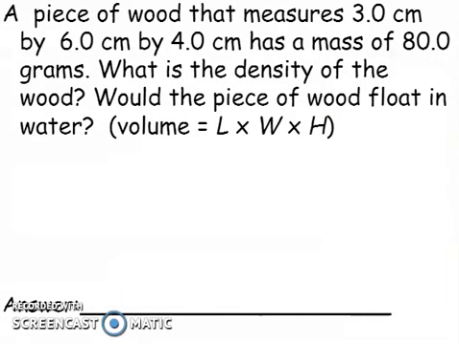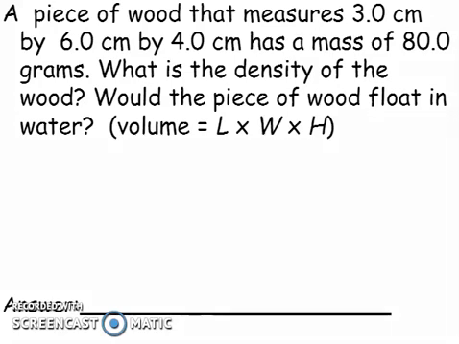A piece of wood that measures 3.0 centimeters by 6.0 centimeters by 4.0 centimeters has a mass of 80 grams. What's the density of the wood? Would the piece of wood float in water? The first thing we need to do is get the volume of this piece of wood.